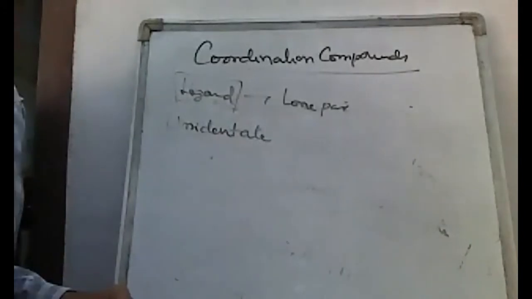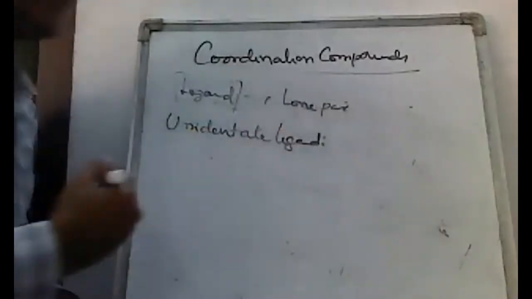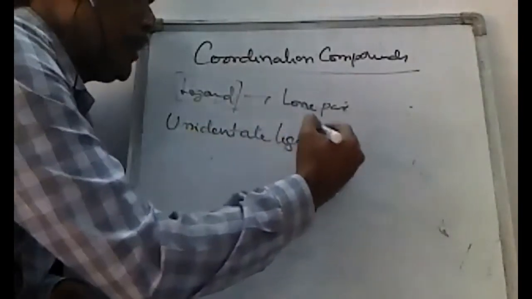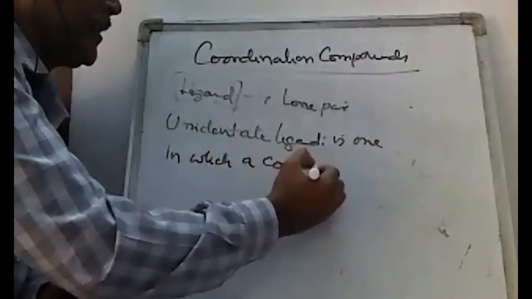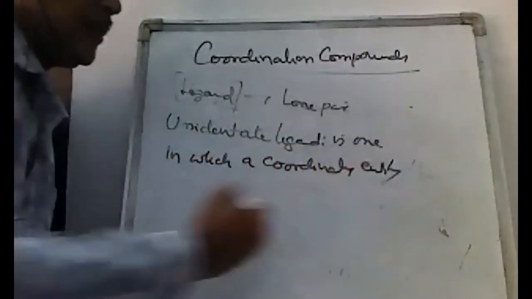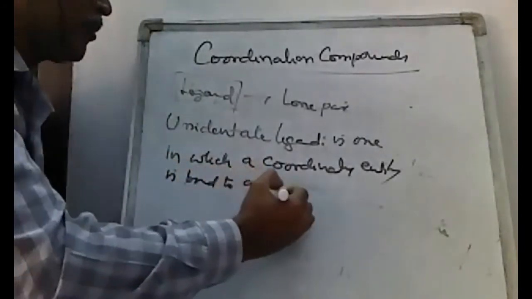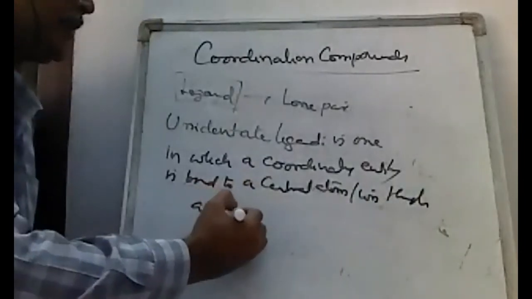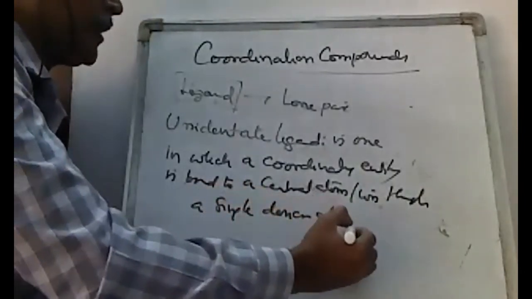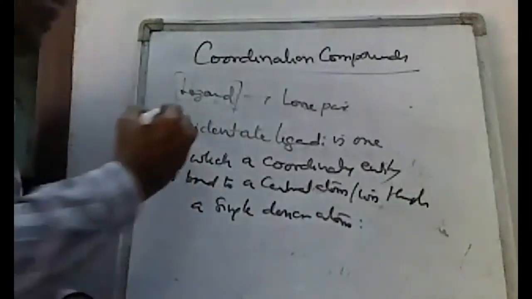Unidentate ligand means a coordinating entity that is bound to a central atom or ion through a single donor atom, which has only one donor atom. Those ligands we are calling unidentate ligands.